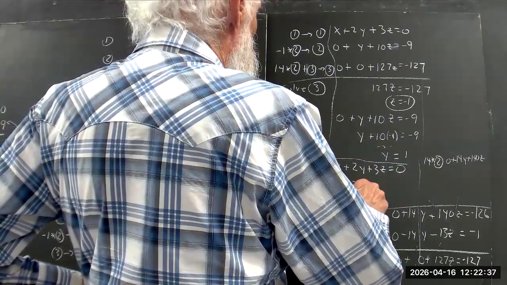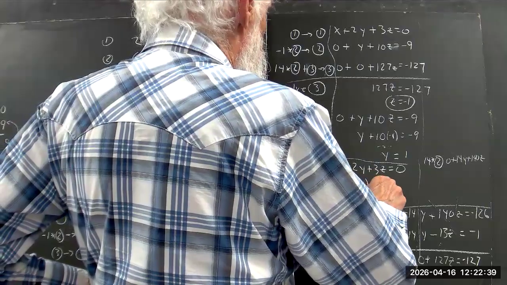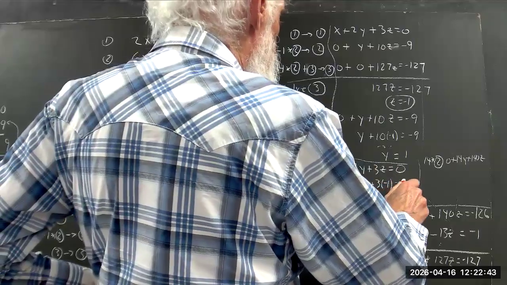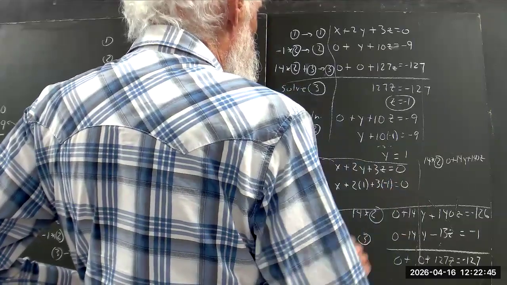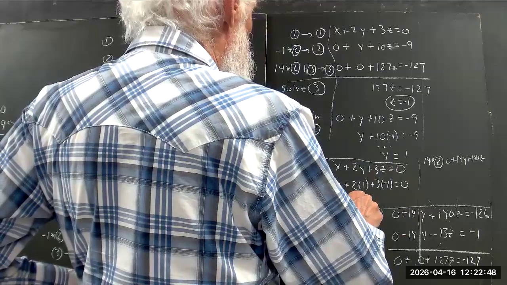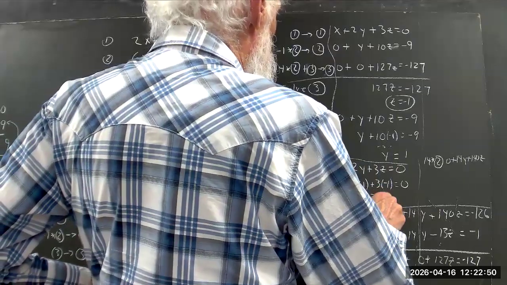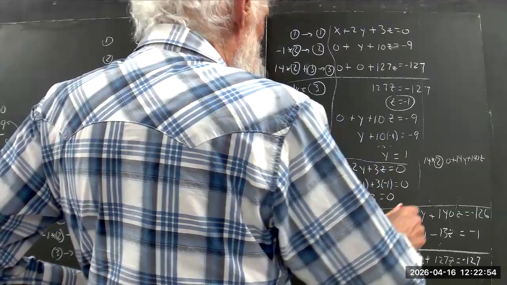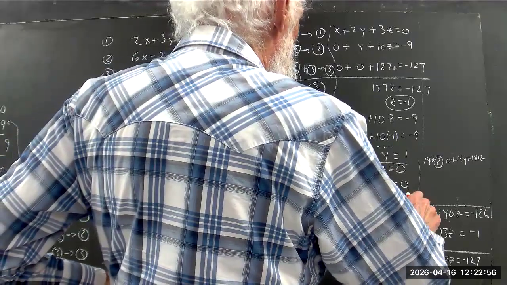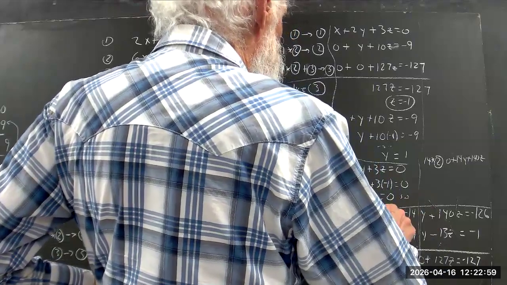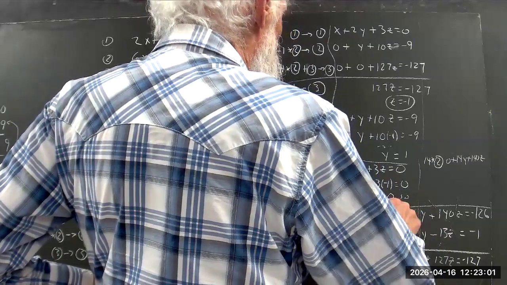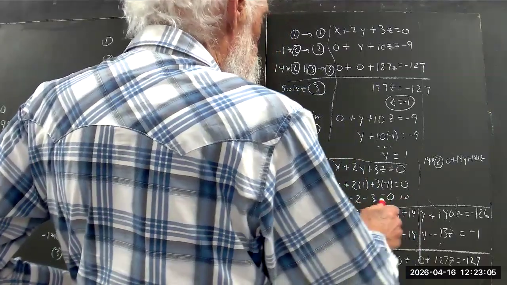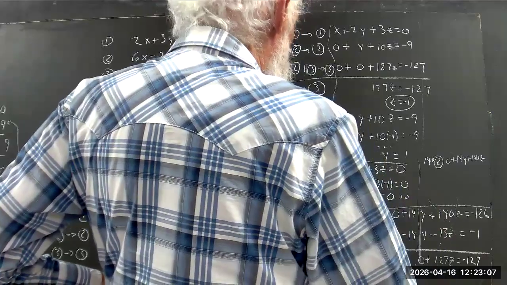We just found out that y is 1 and z is negative 1. This gives us x plus 2 minus 3 equals 0. So 2 minus 3 is negative 1. Add 1 to both sides. We get x equals 1.